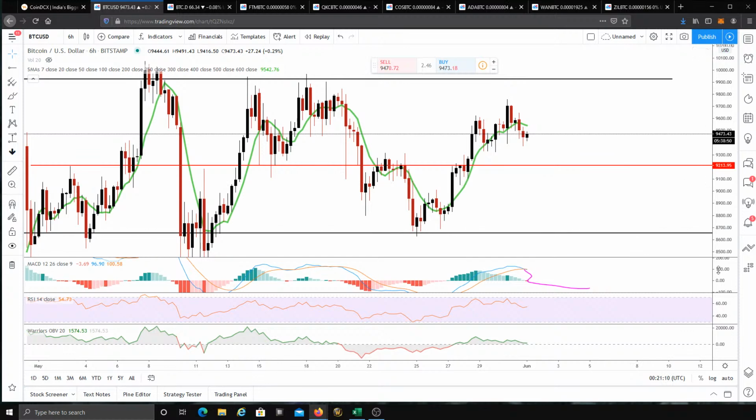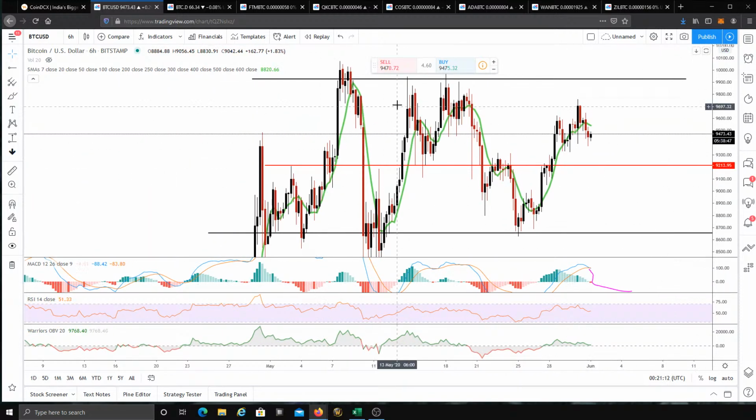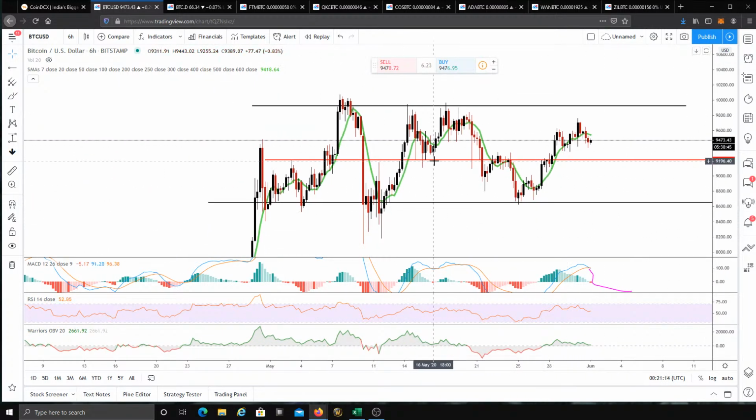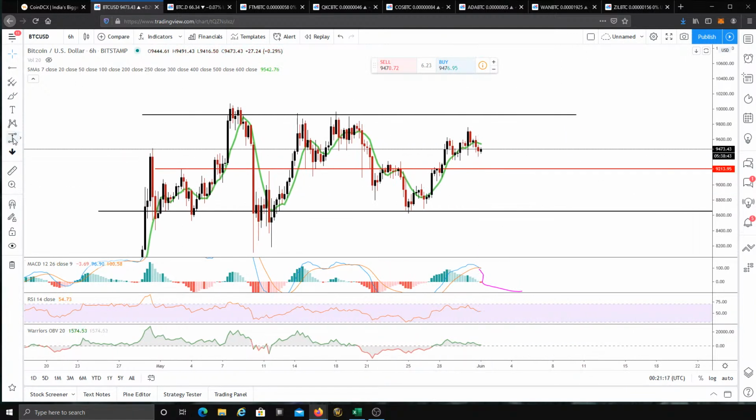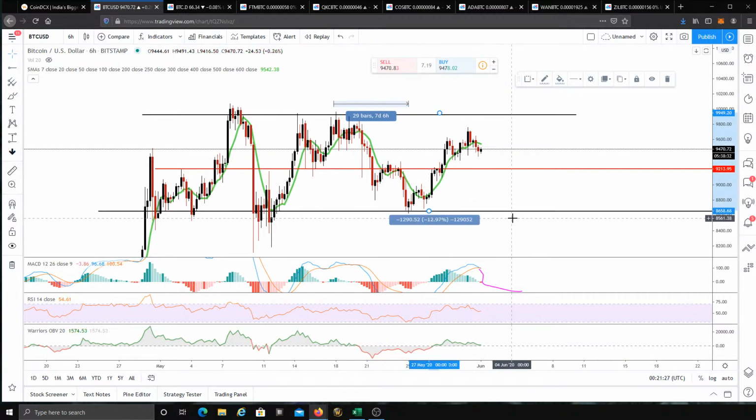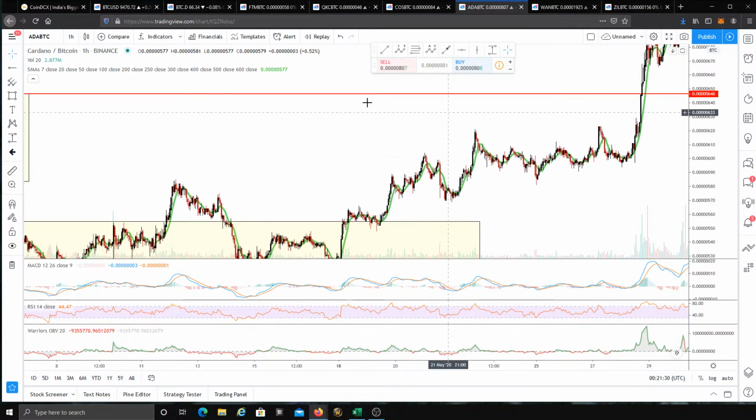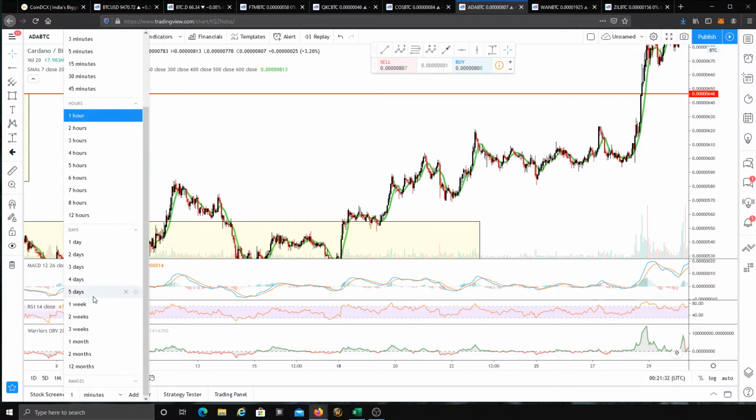So Bitcoin moves a lot slower, mostly through chop zones or whatever, than altcoins do, because in the same period, let's just say from up here down to that bottom, in that same period of a week, Bitcoin moved 12%. Let's look at ADA, for example.